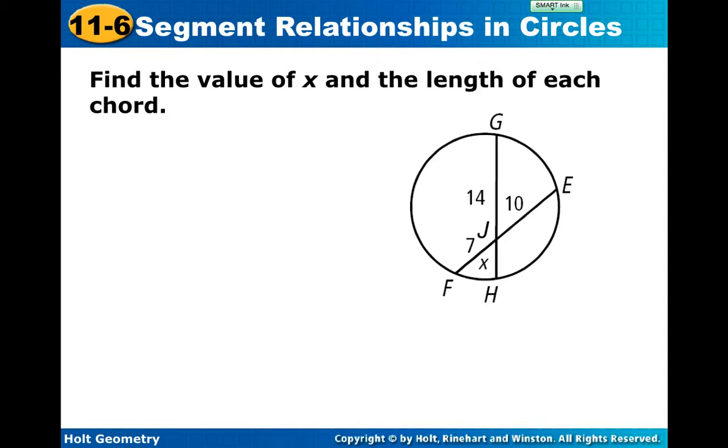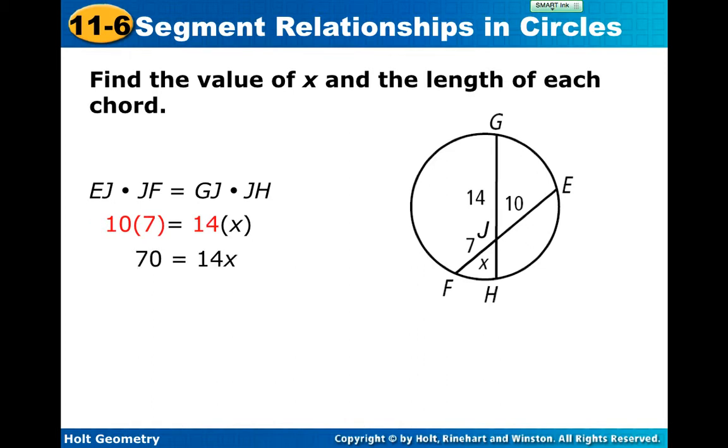So x times 14 will equal the same as 7 times 10. The solving is probably not the issue, setting it up right is the issue. So x times 14 equals 70. 70 divided by 14 is 5.